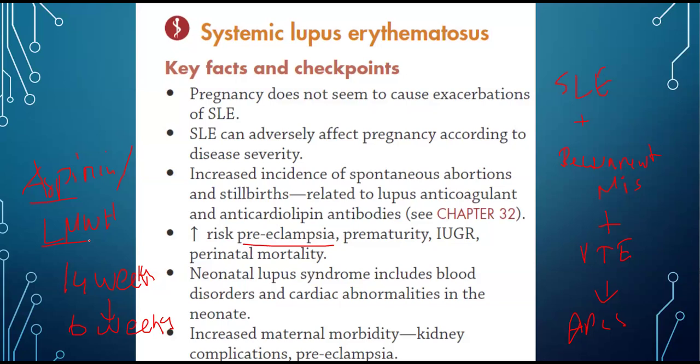It's also applicable for any patient who is at high risk of deep vein thrombosis or pulmonary embolism. Like who has a recurrent deep vein thrombosis history and they are pregnant, you would be putting them on low molecular weight heparin most of the time from 14 weeks until 6 weeks. Okay.